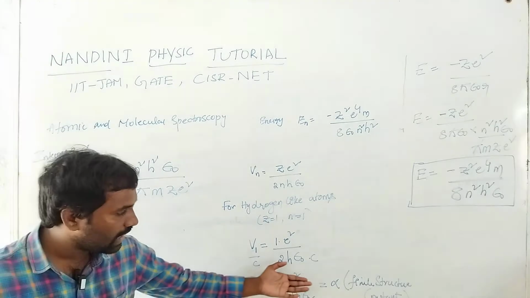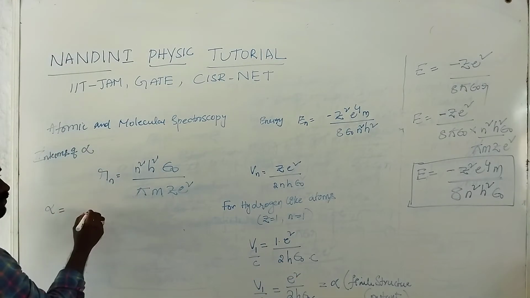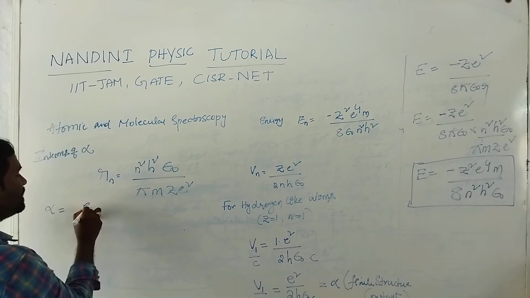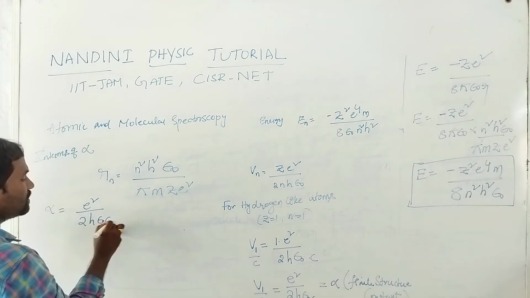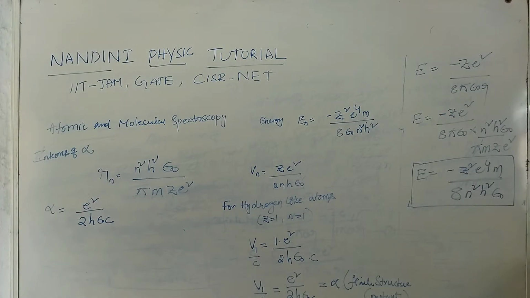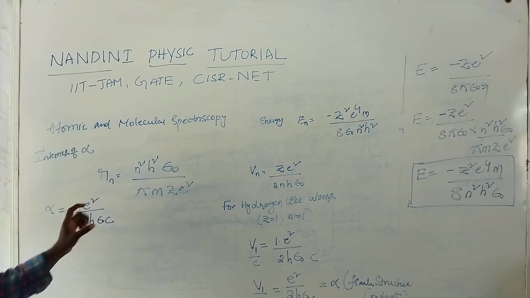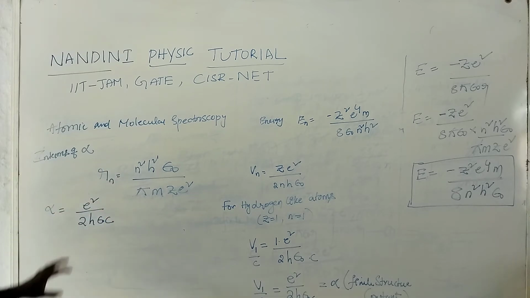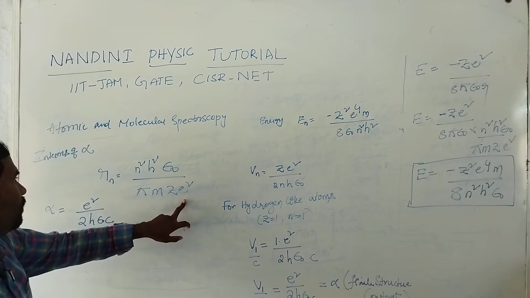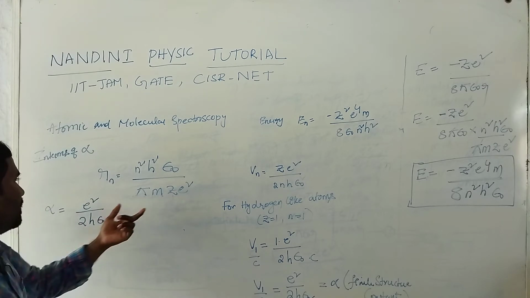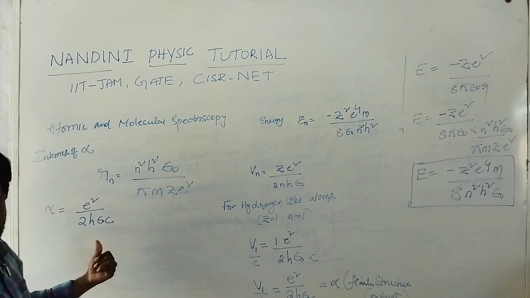Alpha is equal to e square divided by 2h epsilon naught c. So for the radius equation, e square is in the numerator. I will convert this equation into alpha. Right now we have e square by 2hc.